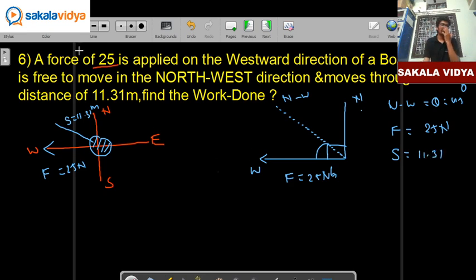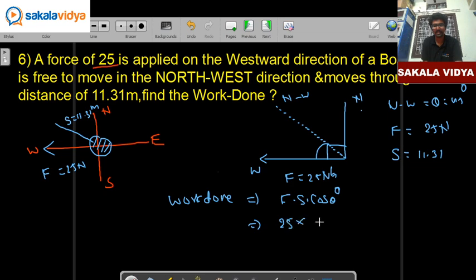We simply substitute these values in our basic formula. Work done is F into S into cos theta, where theta is 45 degrees. Force is 25, displacement is 11.31, into cos 45. The angle between west and north is 90 divided by 2.